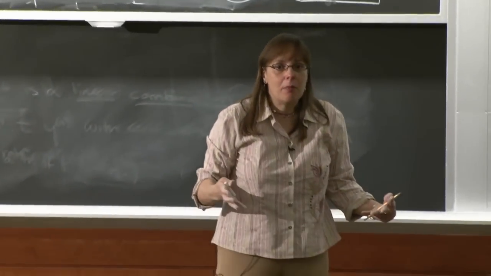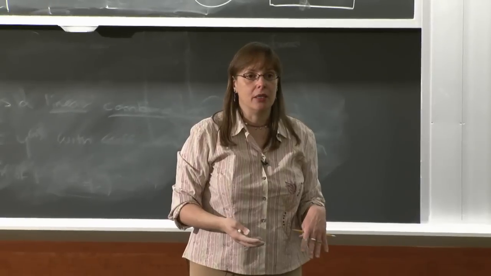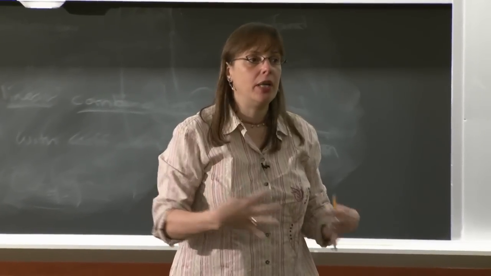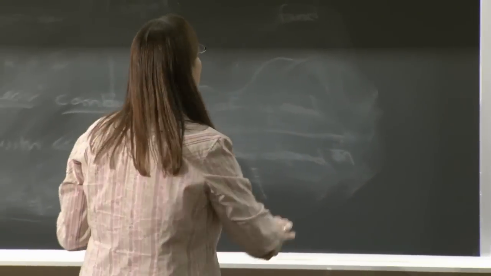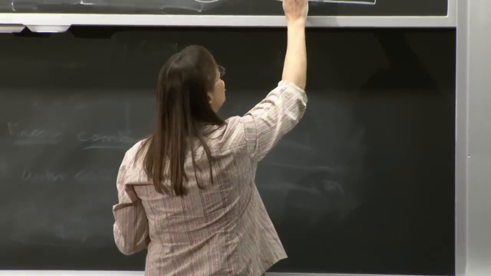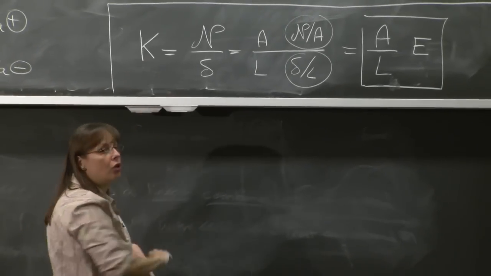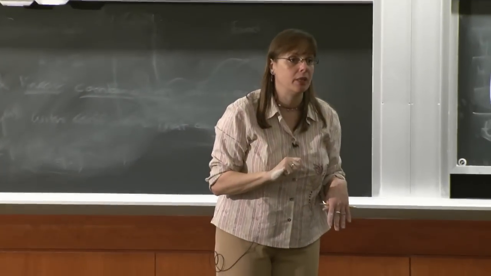This is amazing power that we got with what? Not even an hour of work, right? So that's the kind of relationship we're going after in 201. Relationships that allow us, by knowing something about the material and about the geometry of the structure, to come to a conclusion as to how the structure will behave under loading.